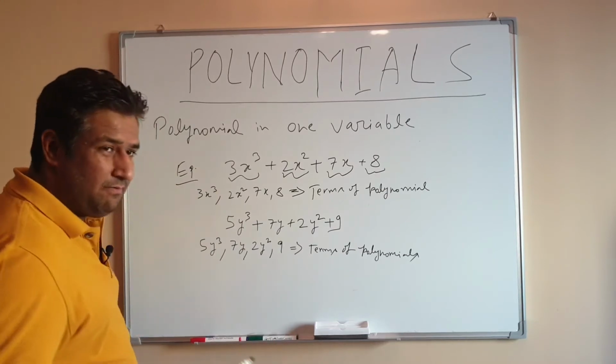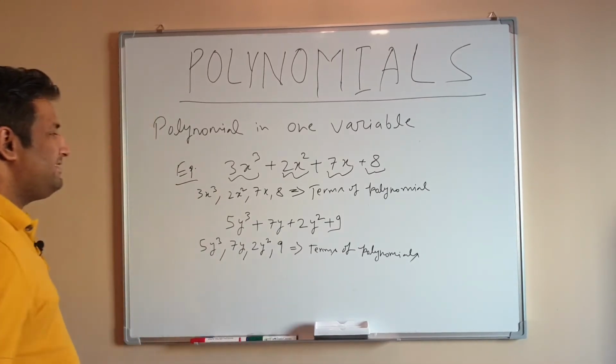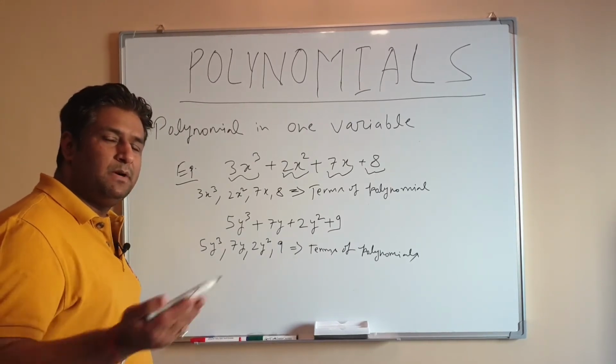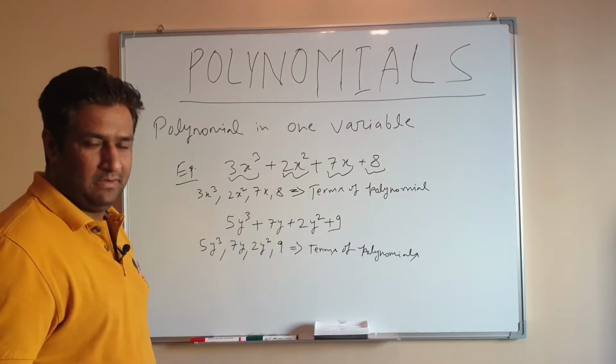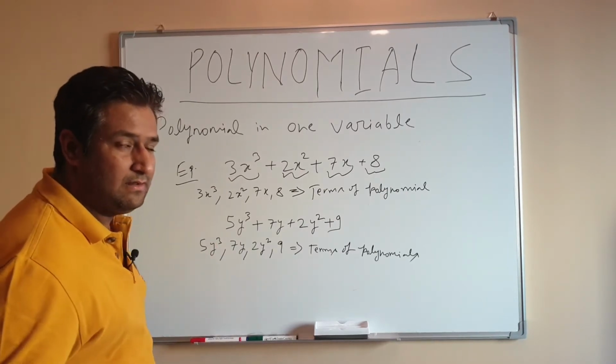Now you have to understand one more thing. There's a term called coefficient. What is a coefficient? Coefficient is basically the multiple of that particular variable term in a more practical sense.